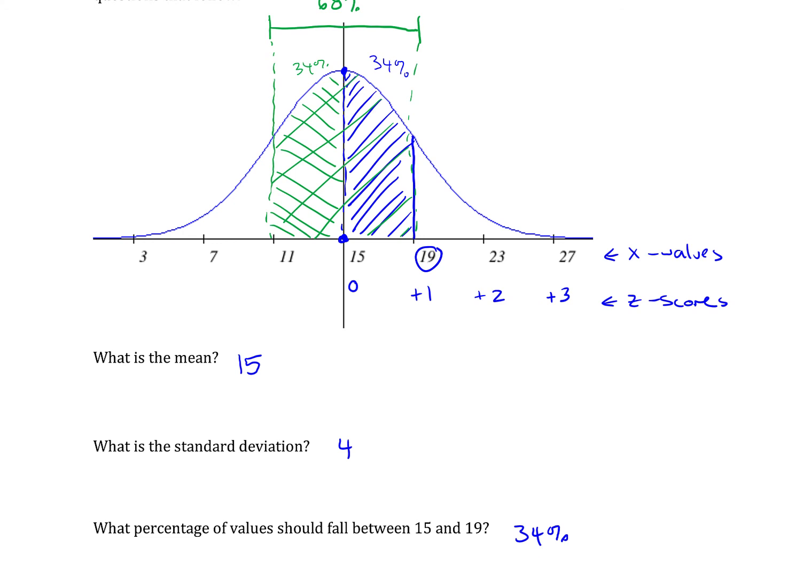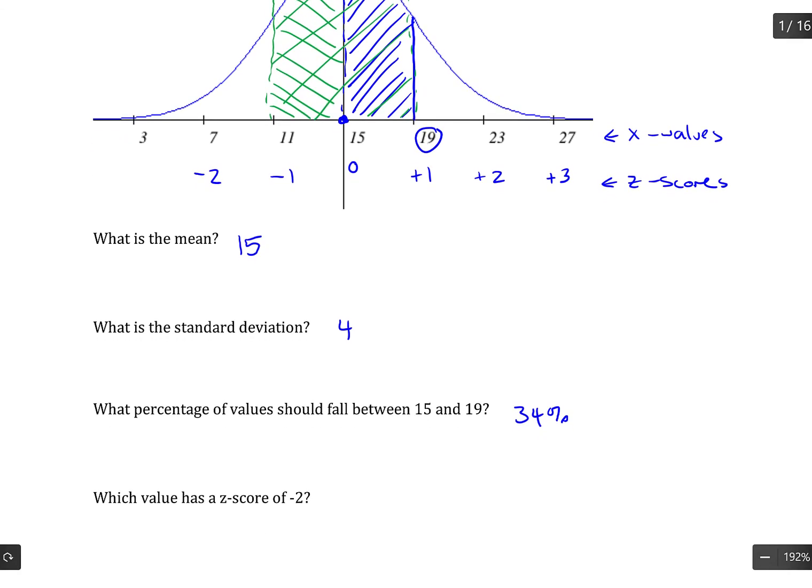Going the other direction, 11 is 1 standard deviation below, so its z-score is -1. And we have right here 7, whose z-score would be -2 because it's 2 standard deviations below the mean. So the x value that has a z-score of -2 is 7.